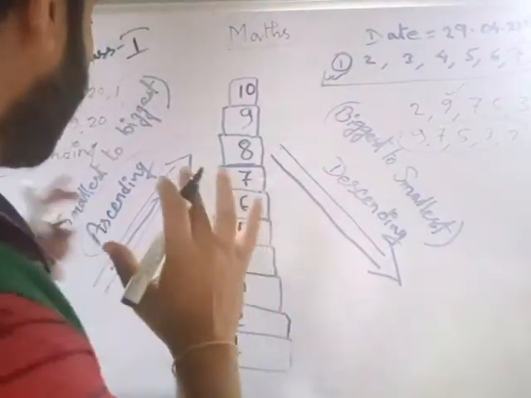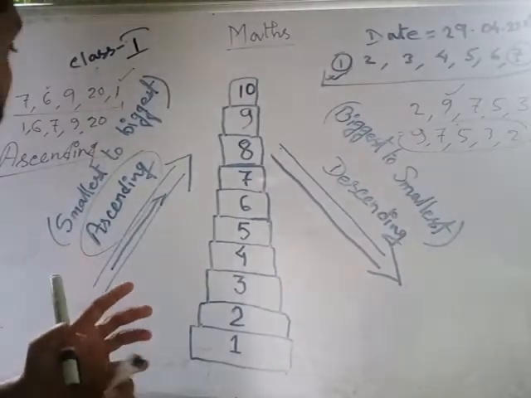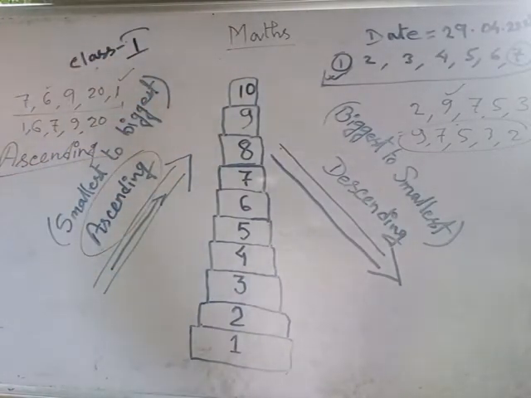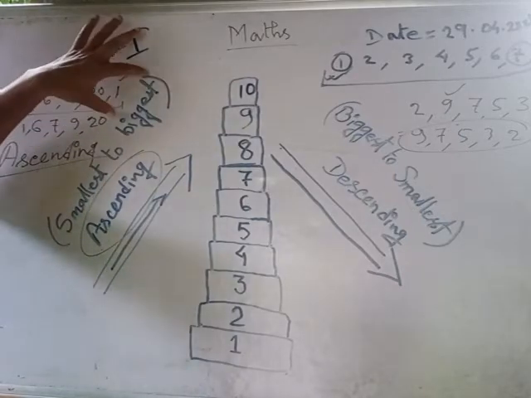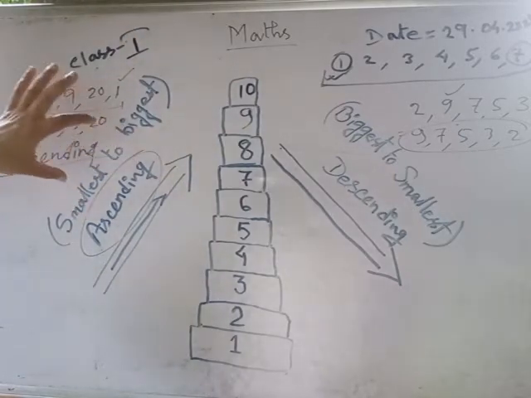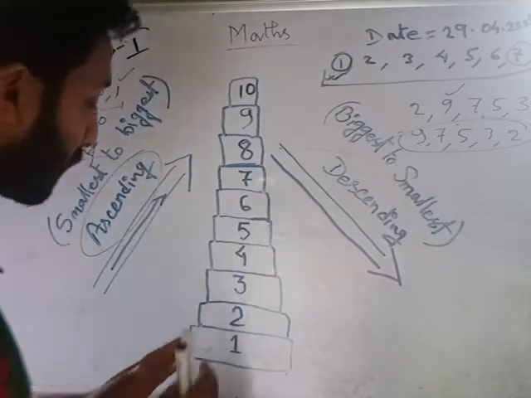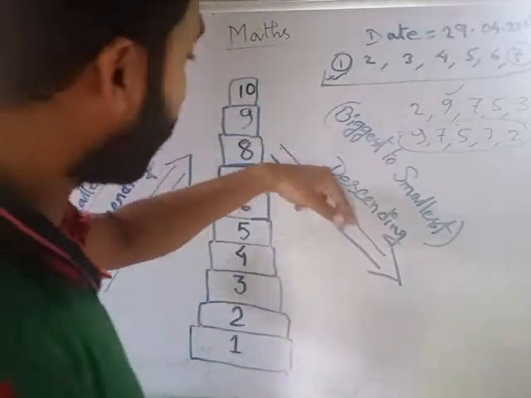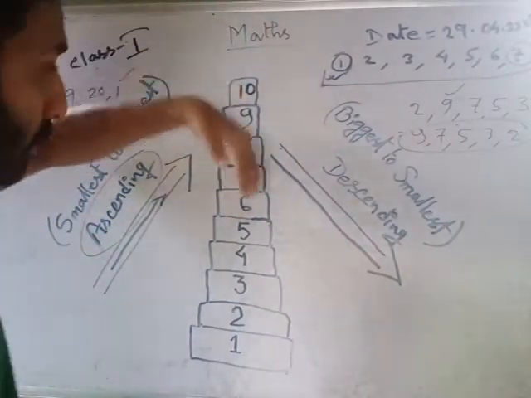Okay? Clear? I will tell it again. If we arrange the numbers from smallest to biggest, that is called ascending. When it is descending, the numbers will be decreased or reduced.